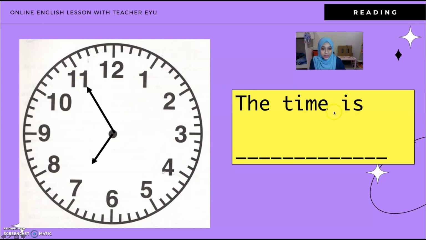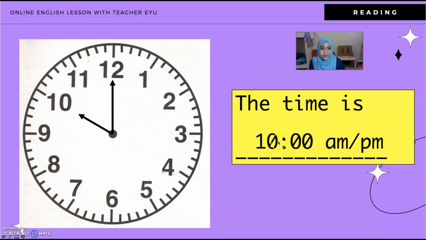The time is 7:55, AM or PM. Now this one, the hour hand shows to 10 and the minute hand shows to 12. So what's the time? The time is 10 AM or PM.